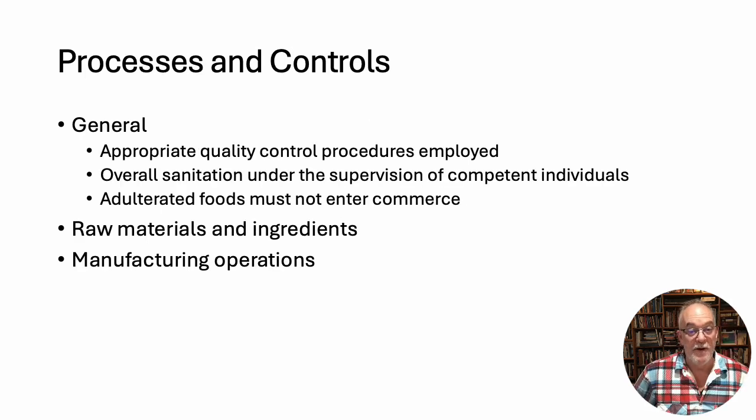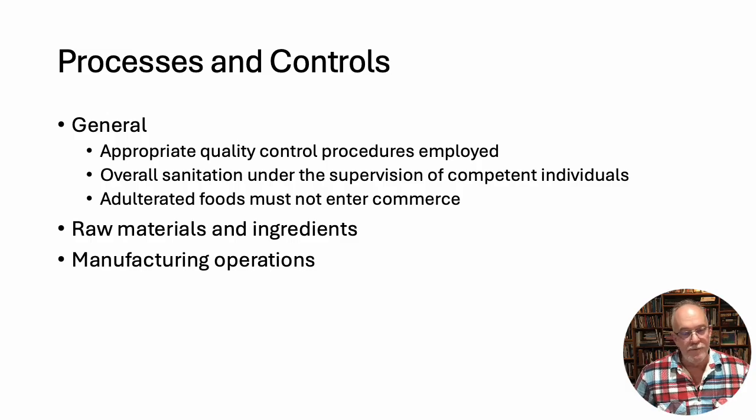So this is a big area right here. As a matter of fact, it starts stepping into the process where GMPs cover our processes and controls. That's not just solely covered under HACCP or solely covered under the PC rule.